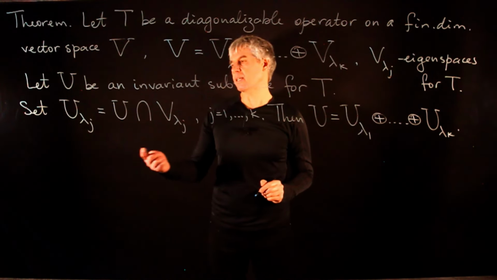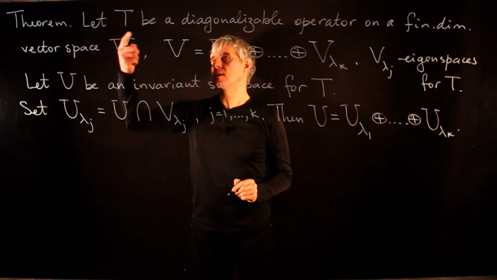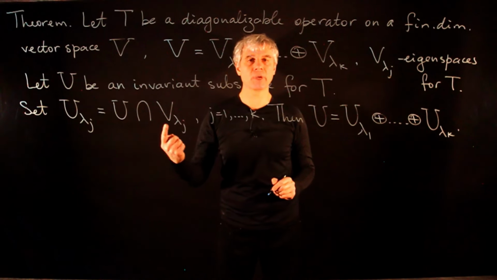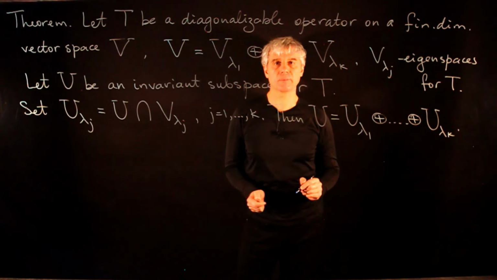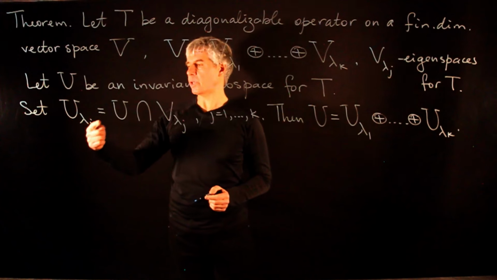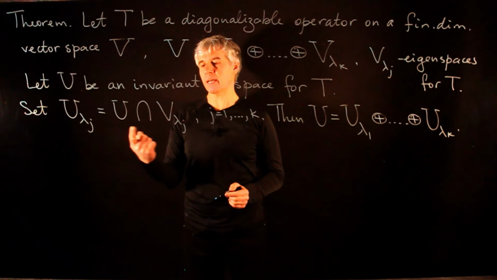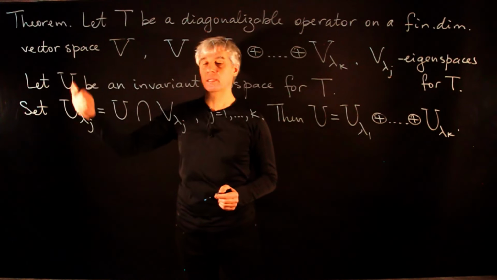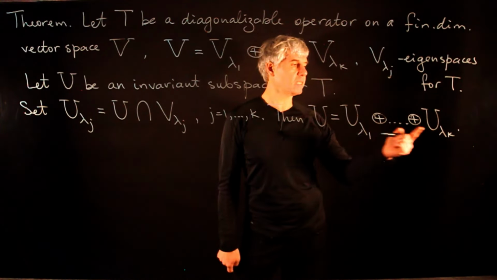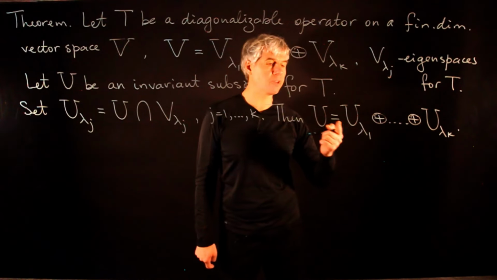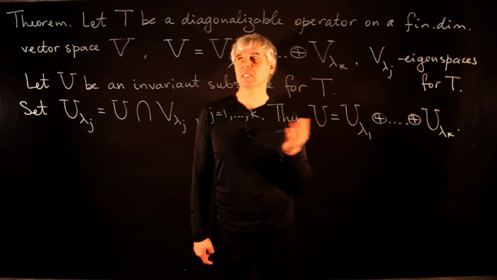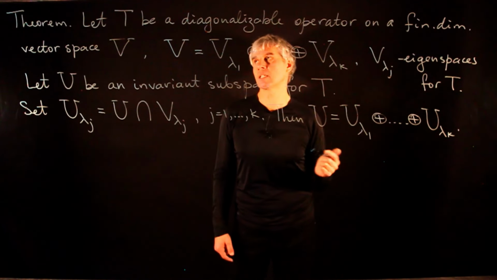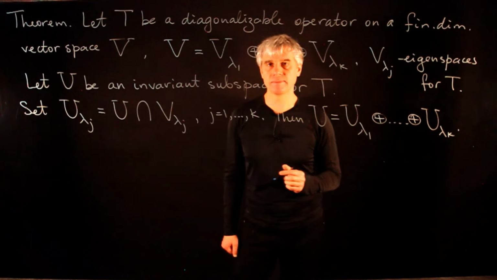This theorem says that any invariant subspace for operator T is determined by its intersection with the eigenspaces, provided that T is diagonalizable. Conversely, if we take any subspace inside an eigenspace, this subspace will be clearly invariant under the operator T. And a direct sum of such subspaces will also be invariant under operator T. So this theorem gives a complete description of all possible invariant subspaces for a diagonalizable operator T.